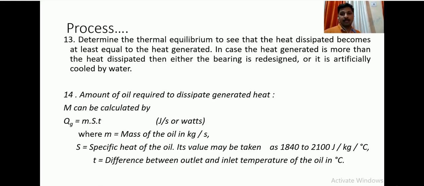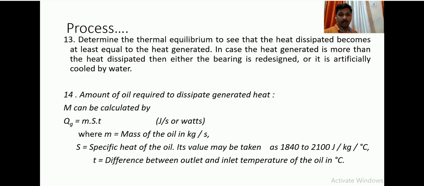So that's all for the design of a journal bearing. This design procedure does not mean that this is the only way, or that in each and every problem we have to follow each and every step. We have to modify our process as per the given problem.